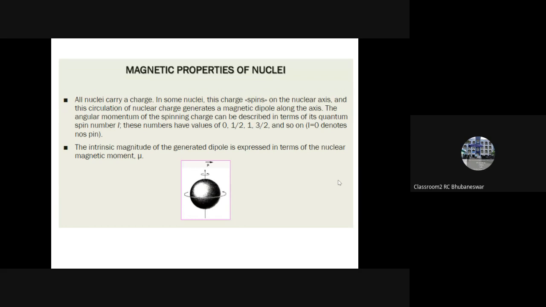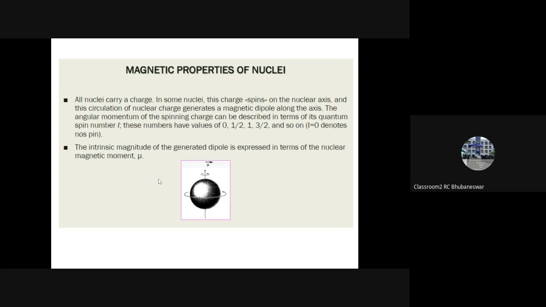So, the magnetic properties of nuclei. All nuclei carry a charge, that you must know. In some nuclei, this charge spins on the nuclear axis, and this circulation of nuclear charge generates a magnetic dipole along the axis. The angular momentum of the spinning charge can be described in terms of its quantum spin number I. You must understand this quantum spin number, and these numbers have values 0, half, 1, 3 by 2, like that.